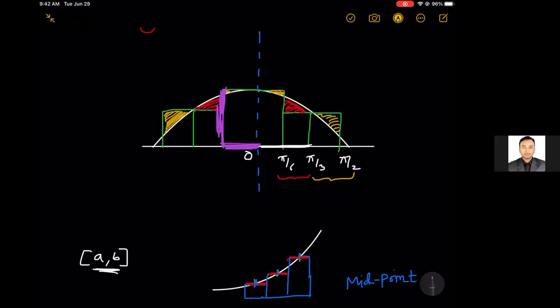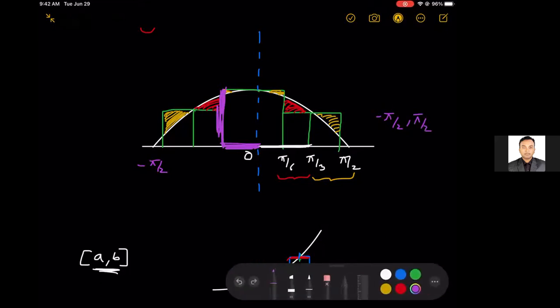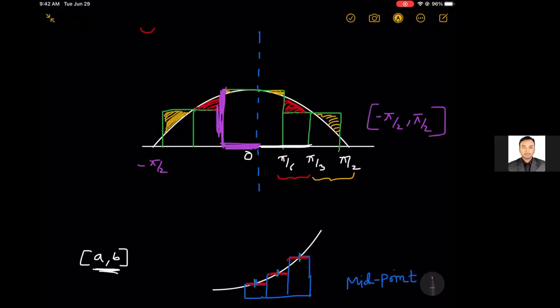And if this is my interval, let's say this is negative pi over 2, if this is my interval from negative pi over 2 to pi over 2, I should use this because the values will be included. Anyway, so I'll be subdividing this interval into equal parts, okay? Although my drawing doesn't give you an idea that these lengths are actually equal to each other. But they will be equal to each other, okay? If you draw it properly.